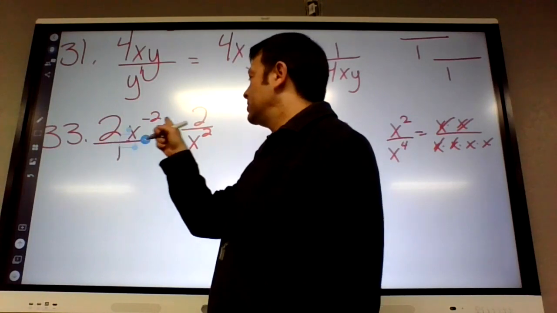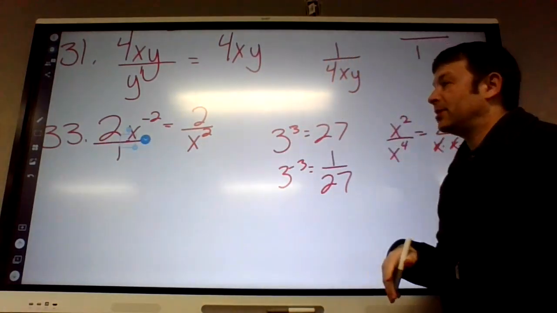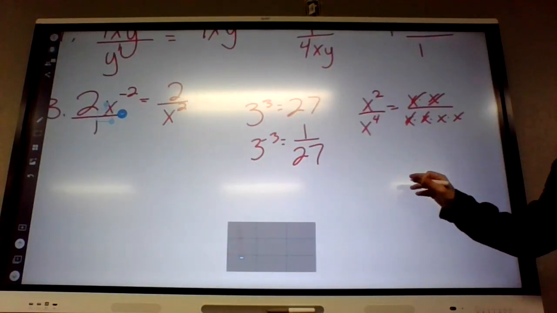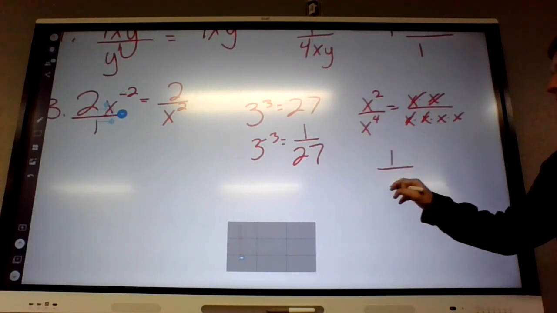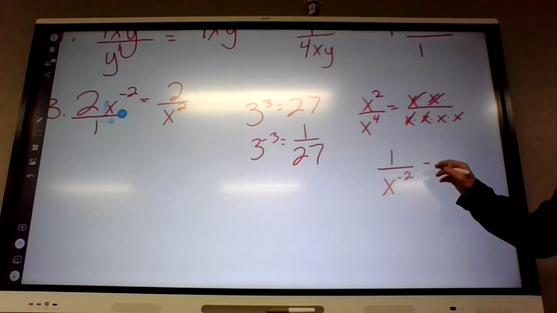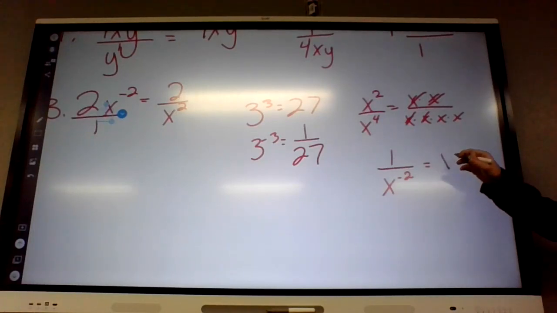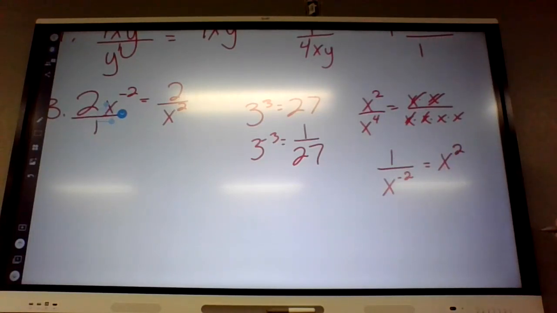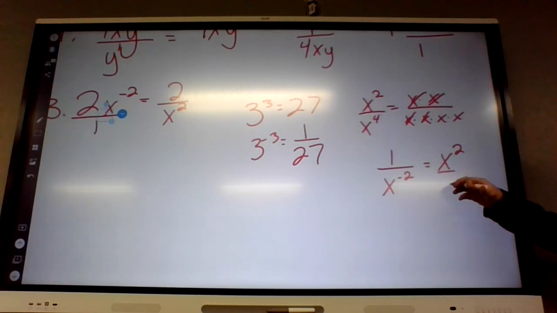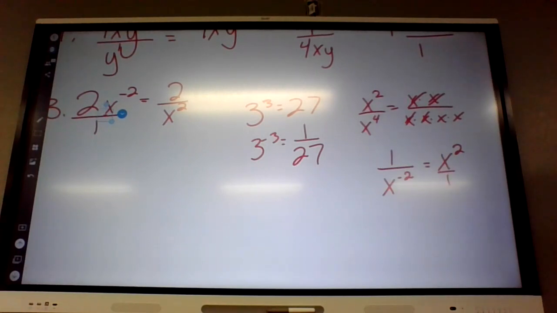So now x squared is in the denominator. Now, I don't think this is going to come up today, but what do you think this would turn into? X to the second over 1, or just x to the second? Yeah, it flips again. The negative exponent just flips it, and it becomes positive.